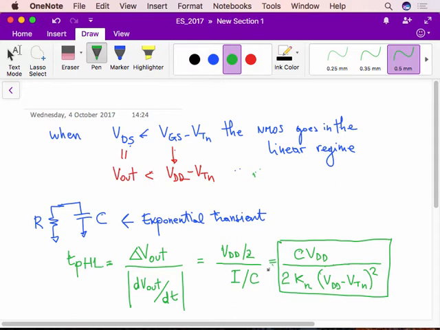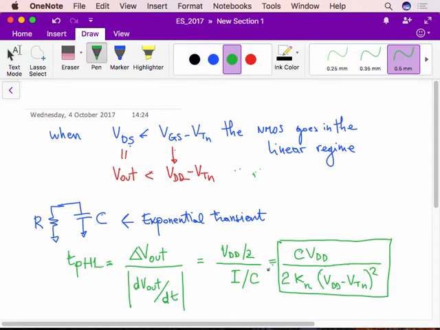Let me just add a few things. Of course, this is the propagation delay from high to low. We can also evaluate the propagation delay from low to high. In the transition from low to high, what happens, as you can easily imagine, is that only the P transistor works. The N transistor is off, the P transistor works and pulls up the voltage by simply charging the output capacitor.